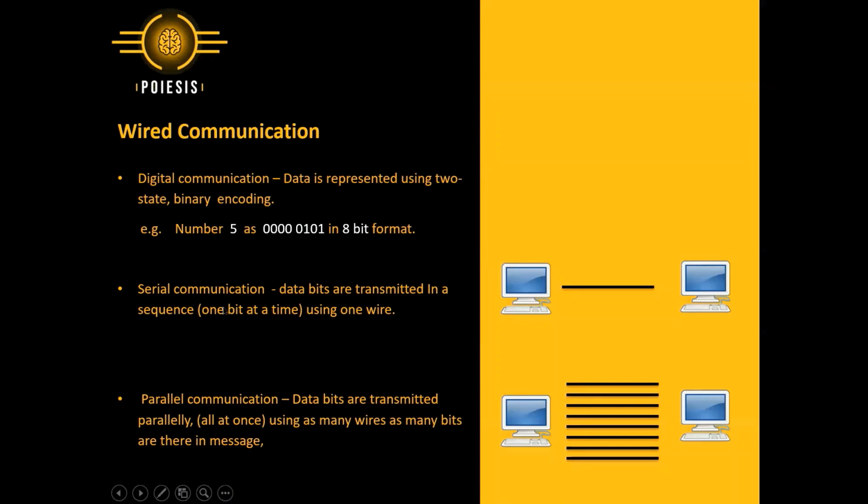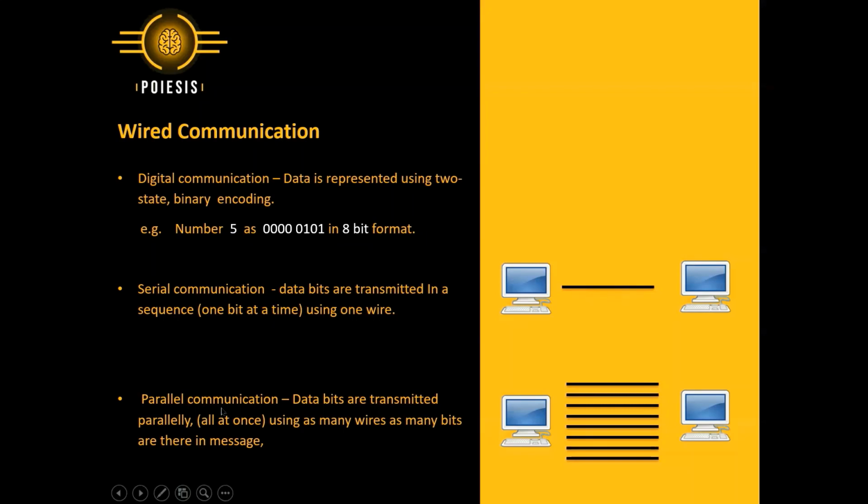There are two ways two systems can exchange binary coded messages using wires: serially or parallel. In case of serial communication, data bits are transmitted in a sequence, one bit at a time, using one wire.